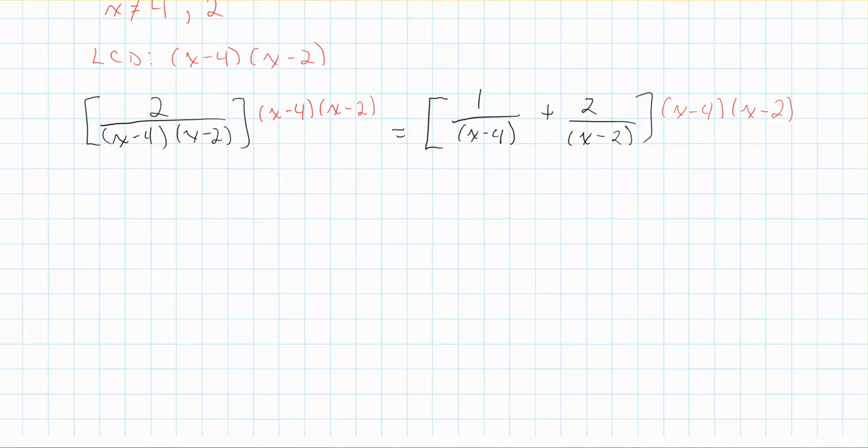All right, well, let's see here. The left-hand side is pretty straightforward because this x minus 4 would cancel with this x minus 4, this x minus 2 would cancel with this x minus 2, and I would have just 2.